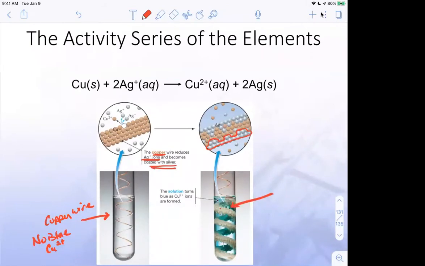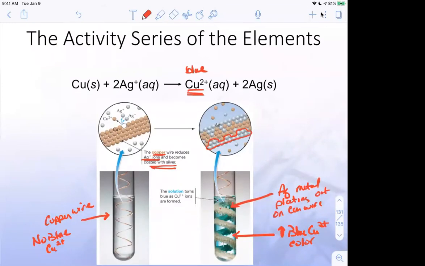You're going to see this silver metal plating out on the copper wire. You're also going to see an increasing blue color as copper 2+ ions, which are blue, are produced. So this shows us that this reaction actually occurs.